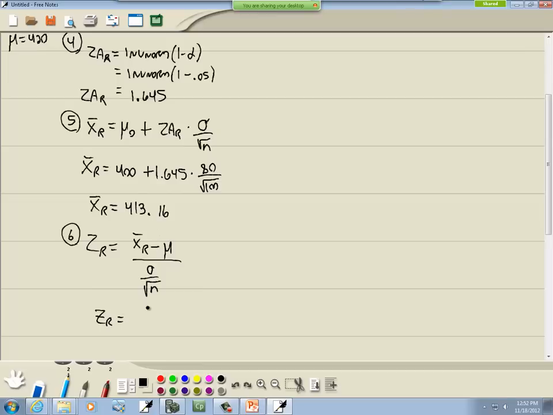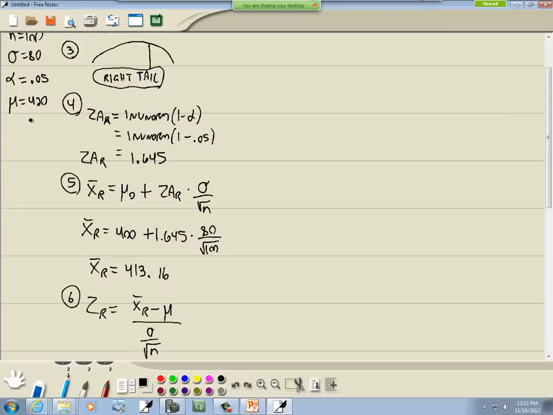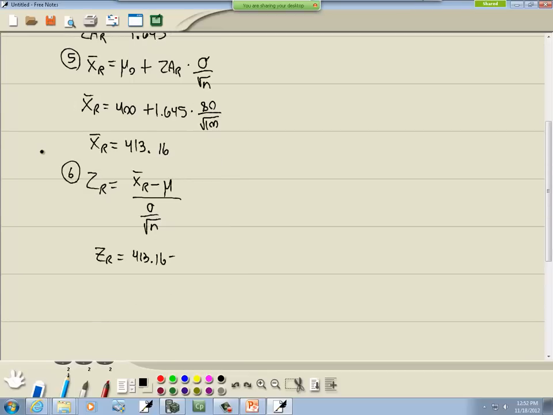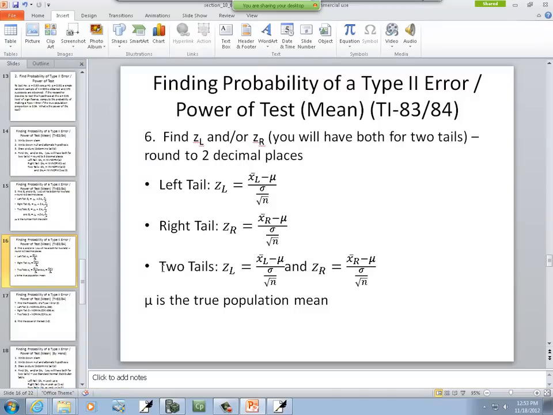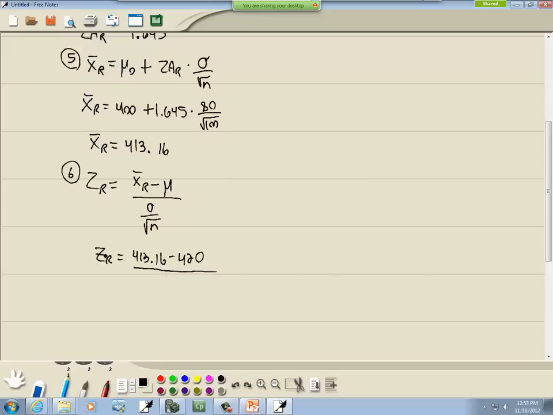Well, X bar sub R was 413.16 minus mu. They told us to compare that against 420. And then sigma was 80 divided by the square root of 100.